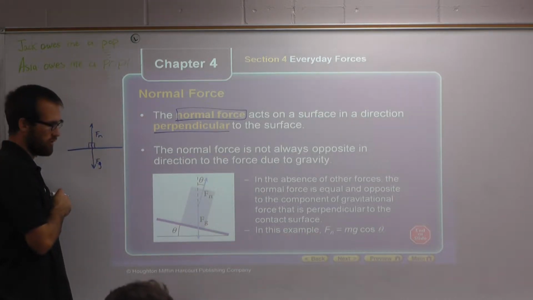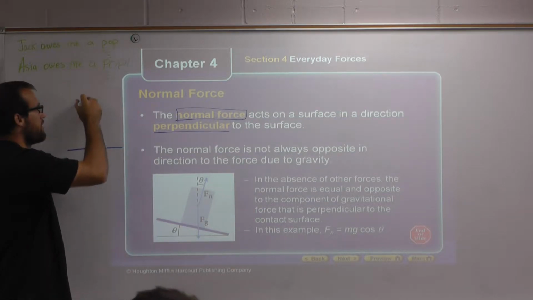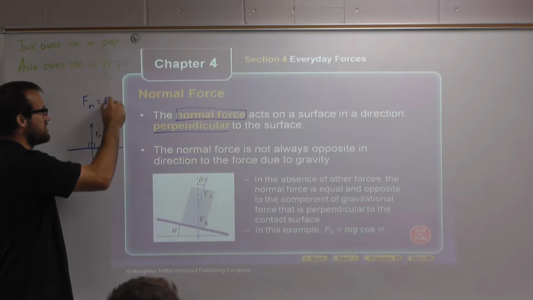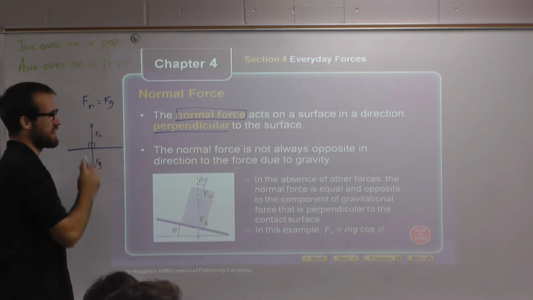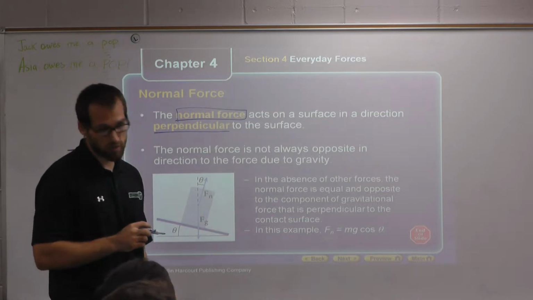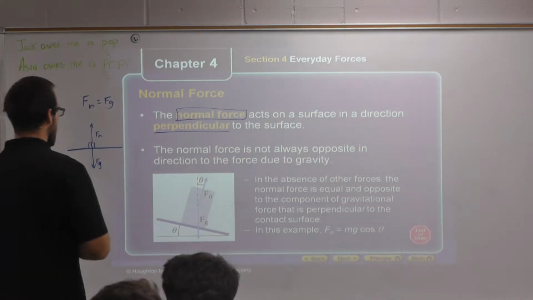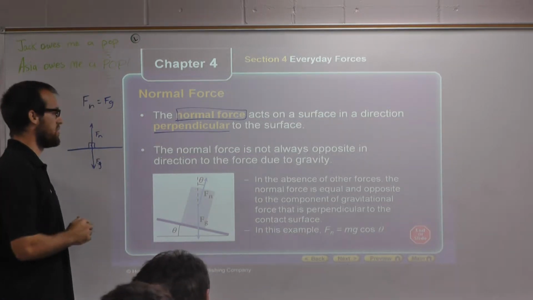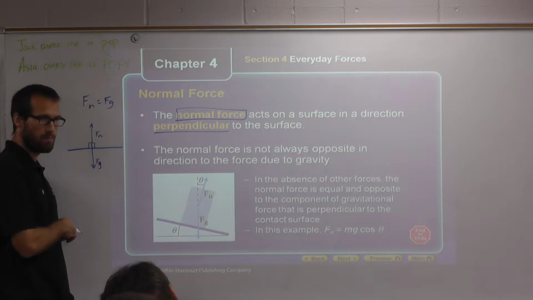So you could say that Fn equals Fg. Don't write this in your note card, because you'll get confused without the context. Those will be equal if you're not at an angle and you're not moving vertically.